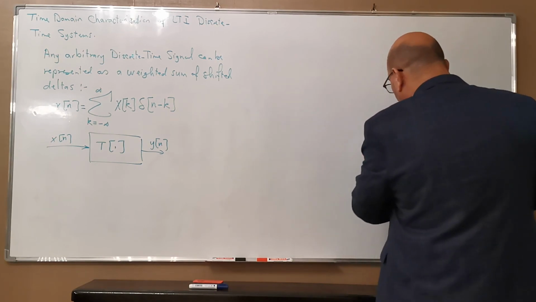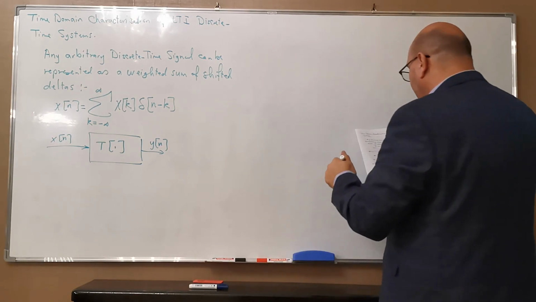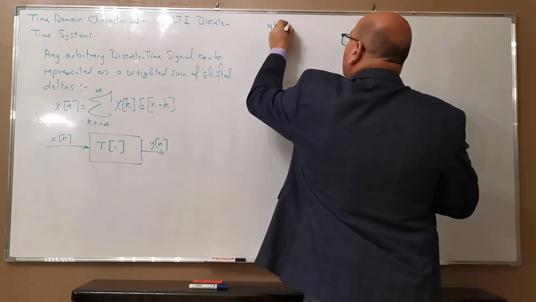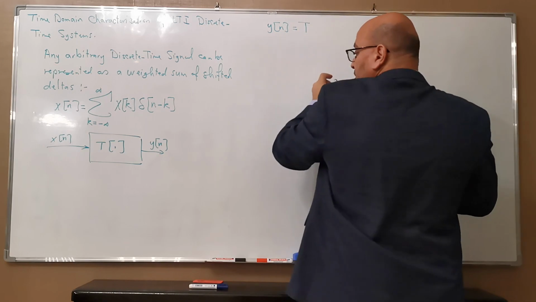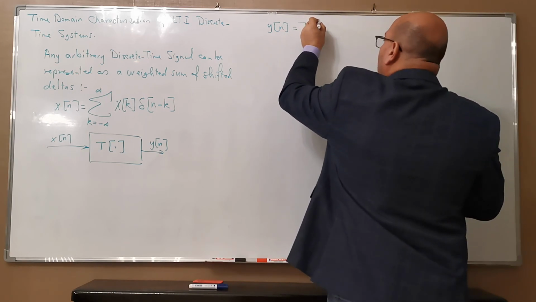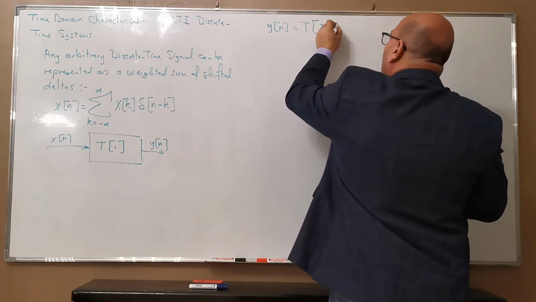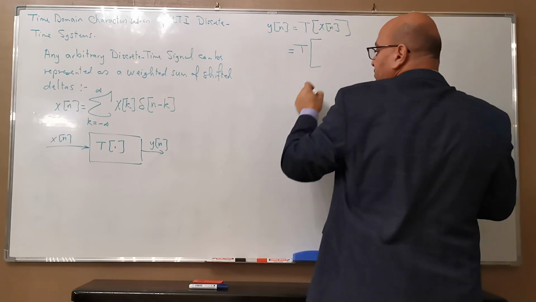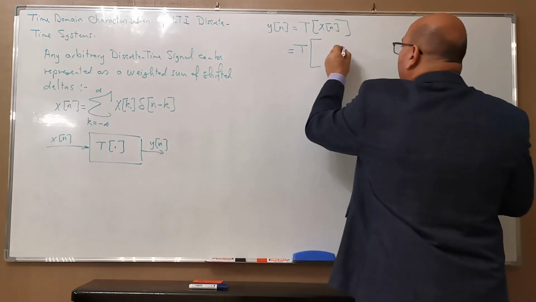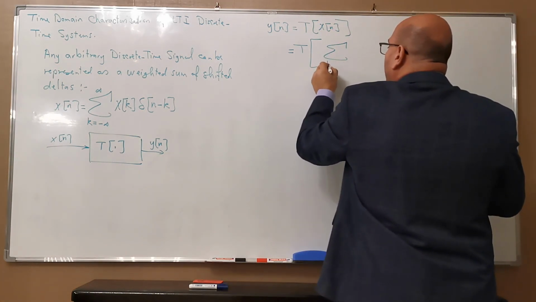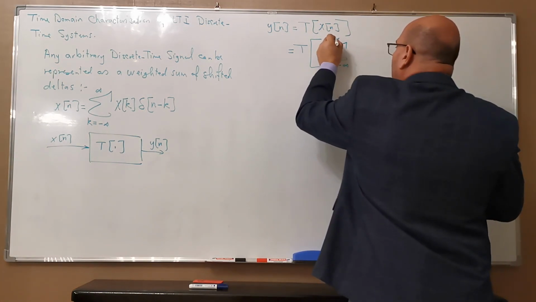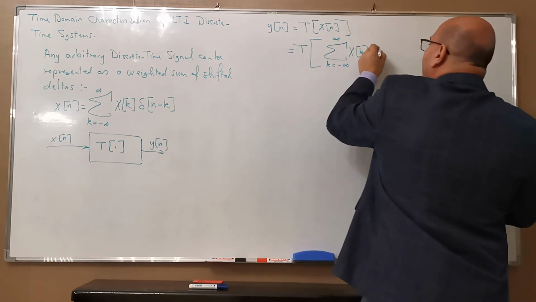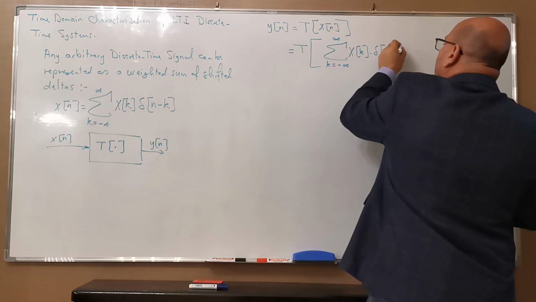I'm going to say that my y of n is equal to the transformation of x of n, which is equal to the transformation of the summation from k equals minus infinity to infinity of x of k times delta of n minus k.